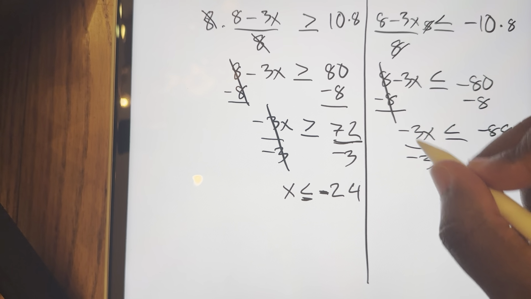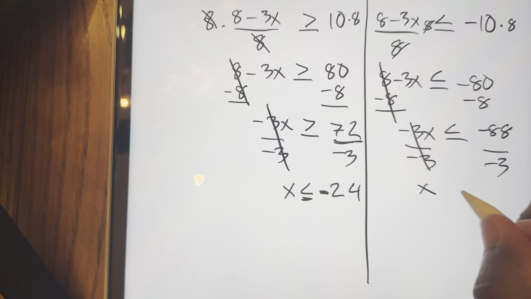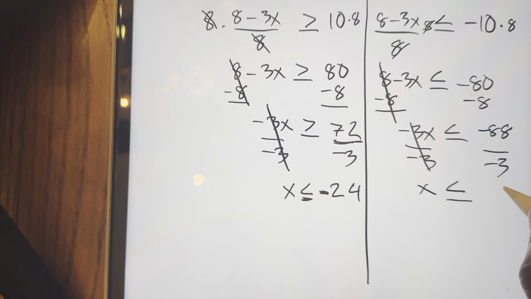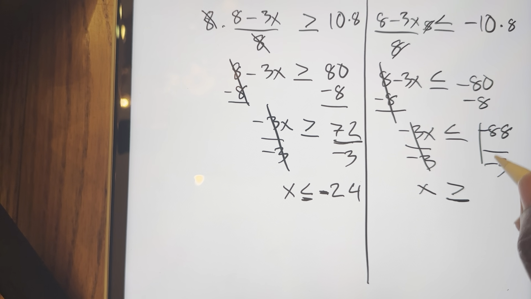Divide by negative 3, divide by negative 3. Kind of rushing here before my iPad dies. It's on 1%. And then the sign flips since you divided by a negative number. You get rid of your two negatives because a negative divided by a negative is a positive, and you're left with 88 over 3. So these would be your two solutions for your inequality.